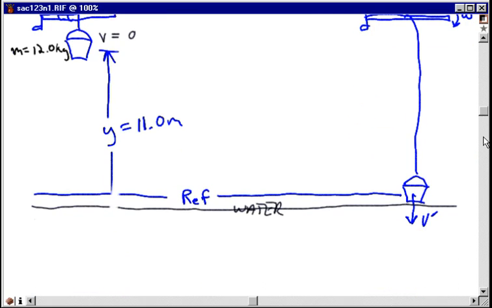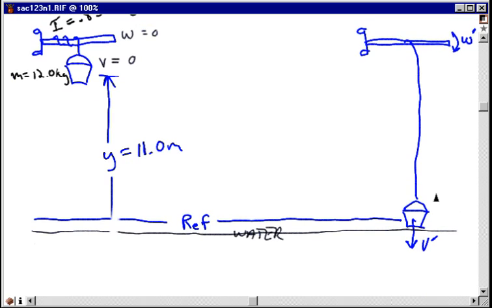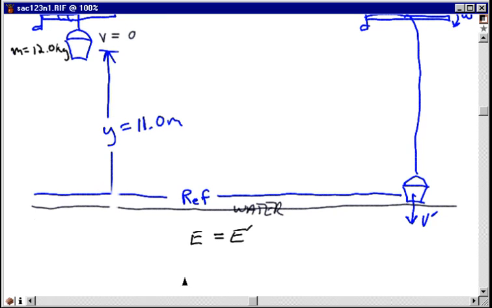We recognize that we've got energy of motion in terms of translational motion, the falling, moving along a straight line path, and energy of motion associated with the rotation as well. Let's write down our conservation of mechanical energy equation. The original energy is equal to the final mechanical energy. E is equal to E prime. I think I'll put down 2 types of K and 1 type of U on both sides.